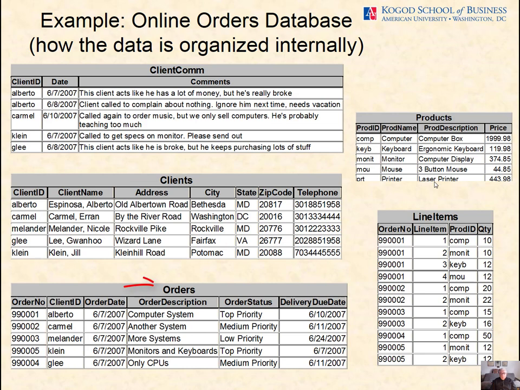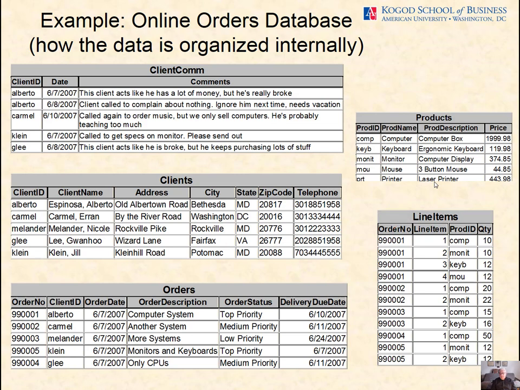In the next table, we have orders, so we have one record for every order. And we have a table called products, so we have one record for every product that the company sells. In addition, we have another table called line items. Why? Because an order may have multiple line items.